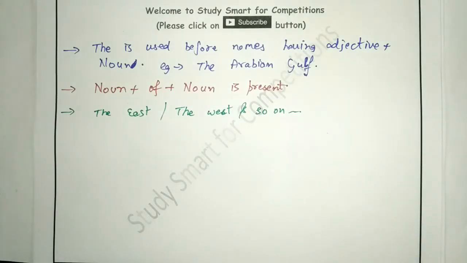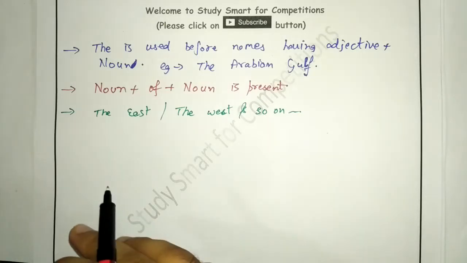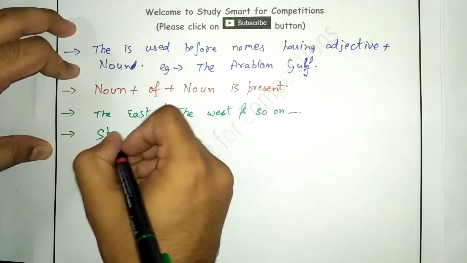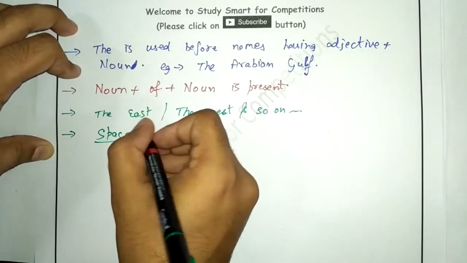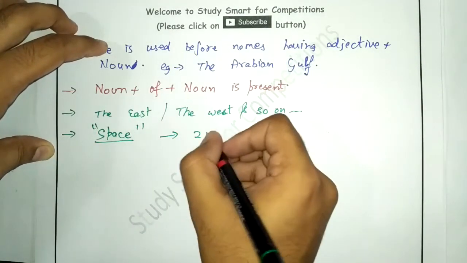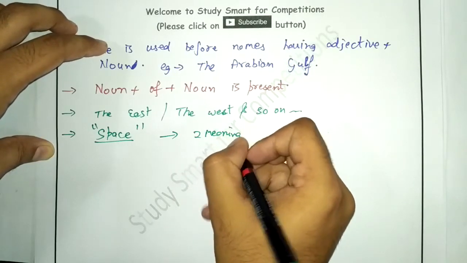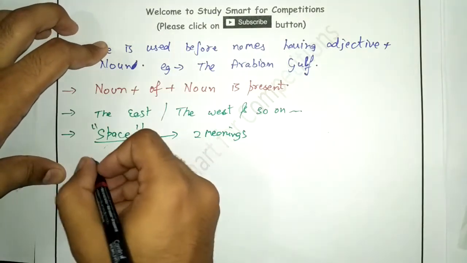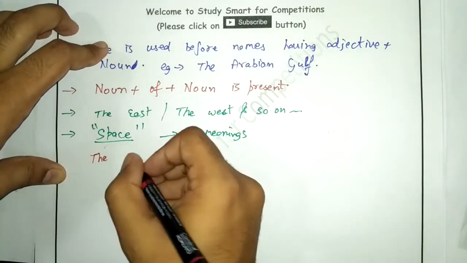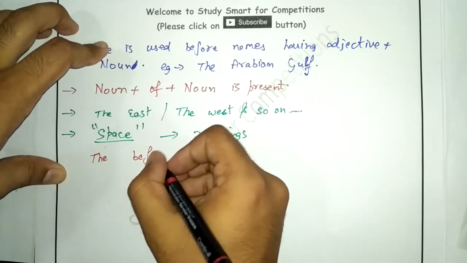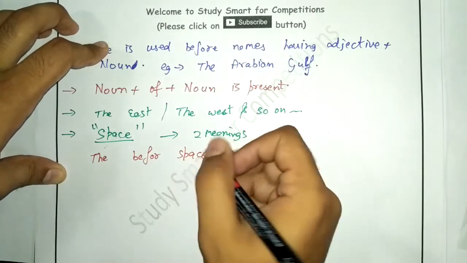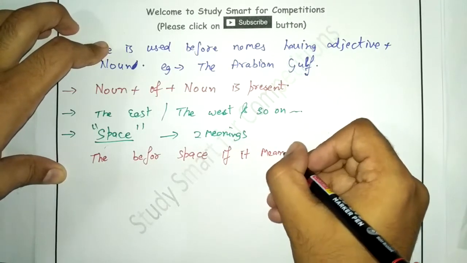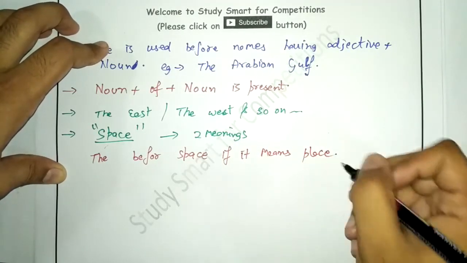So friends, I would be stating a few examples which have their exceptions. All right. For example, the word space. So space actually has two meanings and both have their exceptions. Fine. I'll explain both. We can use the word the before the word space if and only if it means place.